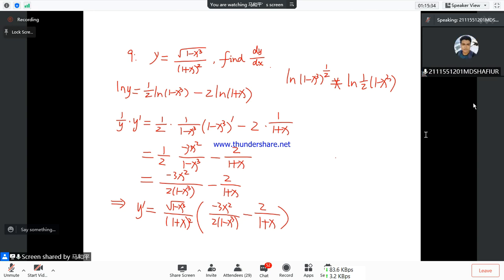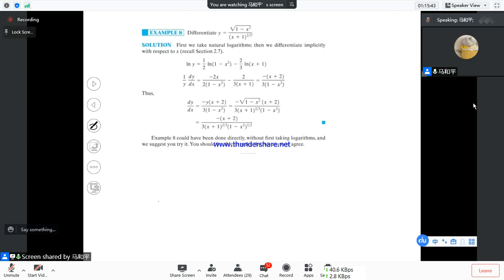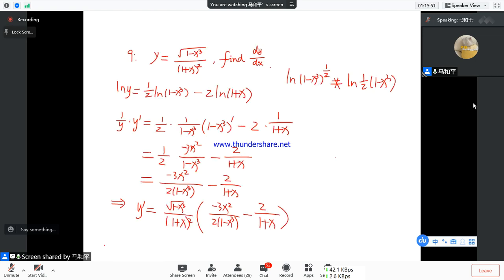Lavshi, can you explain the last line? You see this line? Now, from this we know y prime over y is equal to this one.